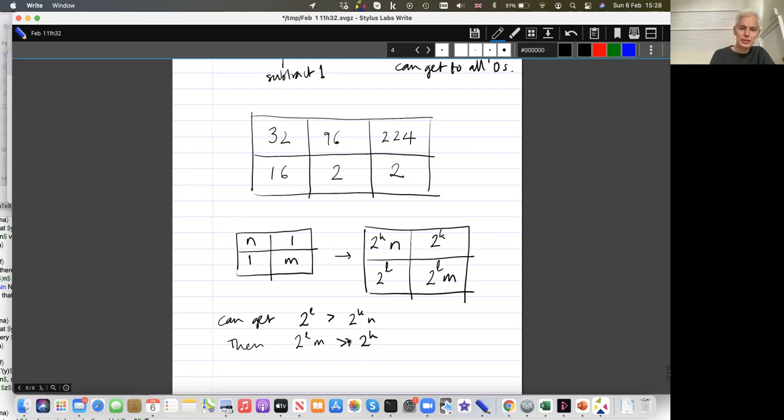But my plan for dealing with this awkward situation is then, so in particular the ratio of 2 to the Lm to 2 to the k is quite a lot bigger than the ratio of 2 to the L to 2 to the k times n. But I can improve this ratio by subtracting 1. So I'm just, yes, had a little thought, but I won't worry about it just yet.